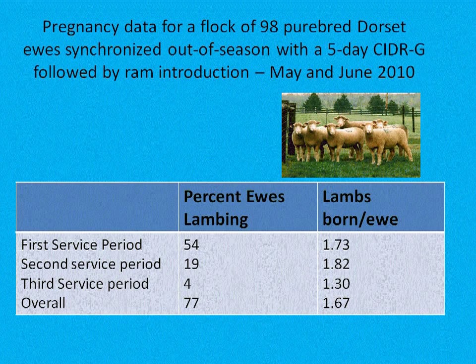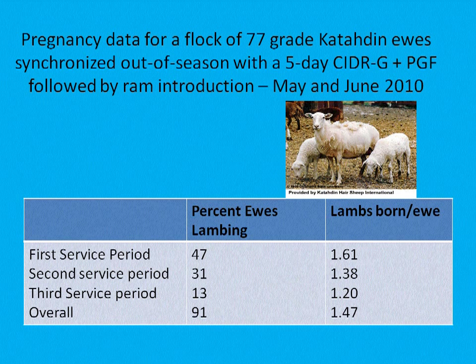Some of you may have hair sheep. How many of you have hair sheep? One. Okay. Here's the experience with a group of Katahdins. These are over at our Wardensville experiment station. 77 ewes in this group, and this is actually again 2010, this is one of the poorer responses with those ewes.